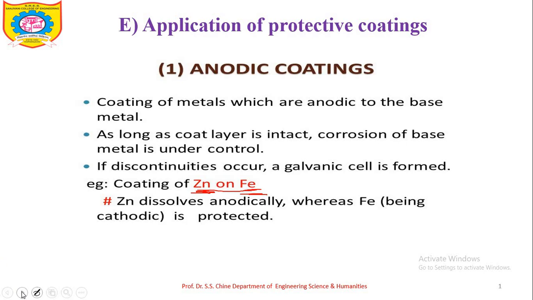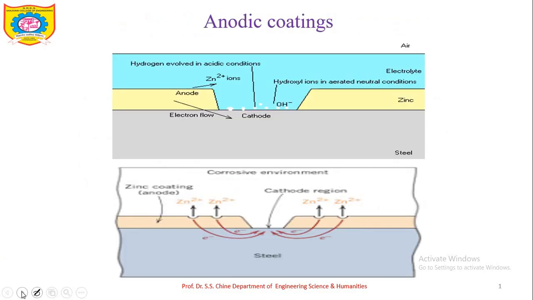So let us discuss it with the example, that is zinc coating on iron plate. Suppose here, these are two different diagrams. This steel plate is coated with the zinc coating. So this yellow colored part is of zinc coating.